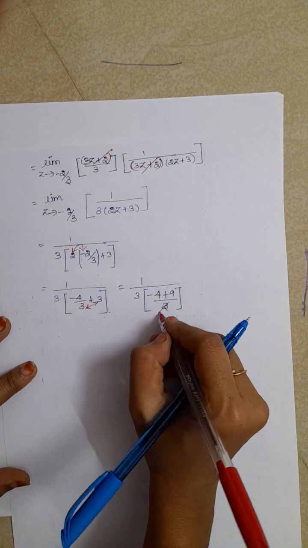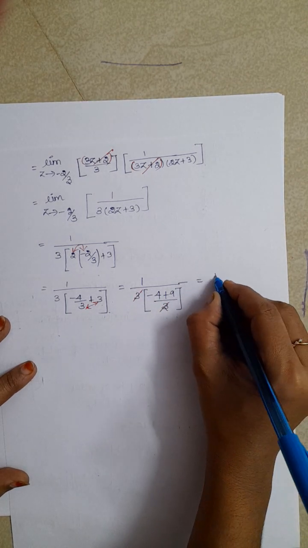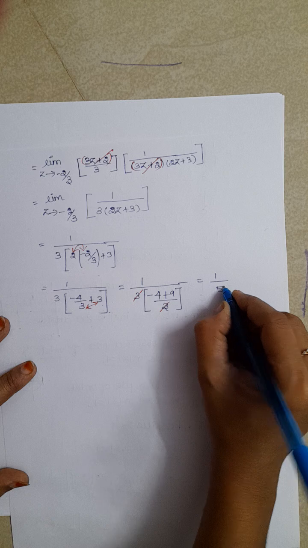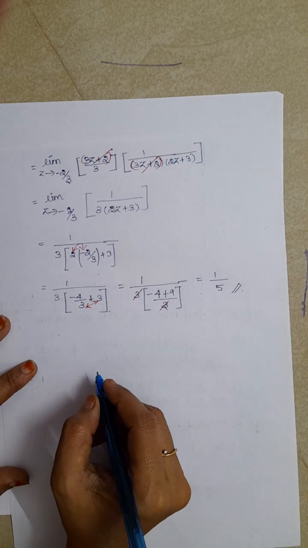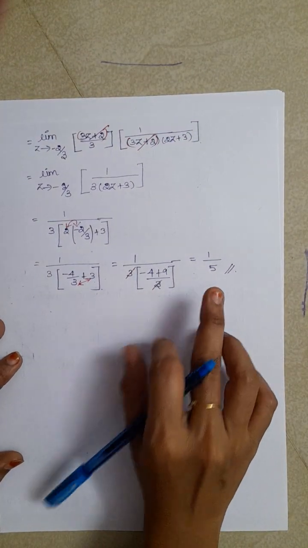So here 3 and 3 get cancelled. Subtraction in this term gives 5. Okay, so this is the residue value. Residue value is equal to 1 by 5.